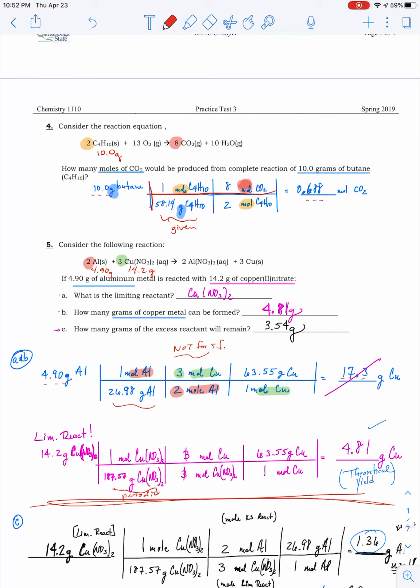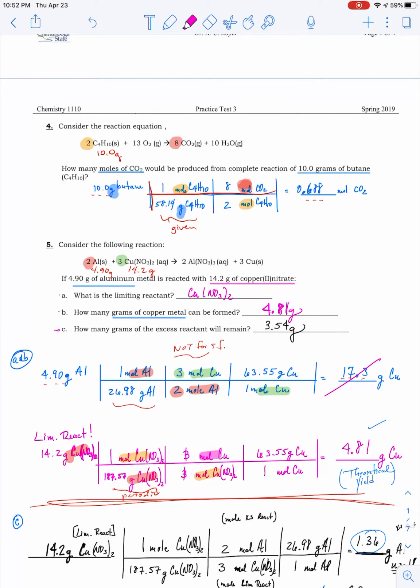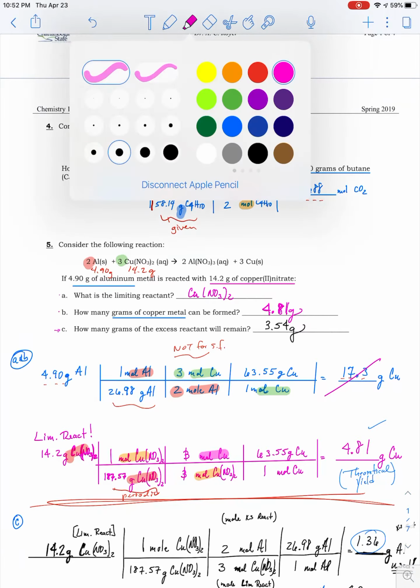So now we're going to check the other one, 14.2 grams. And we're going to go moles to moles. Then we're going to go right here. Here's our switch of our moles. So in this case, we're going from moles of copper nitrate, sorry, here.